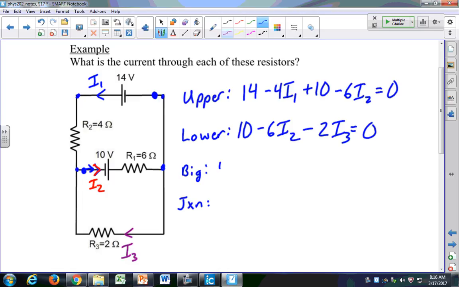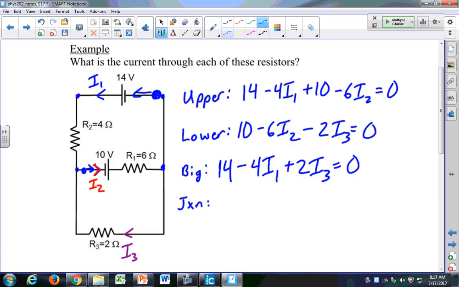When I'm in this part of the circuit, I use I2. And then I also watch my signs. Let's do the big loop. I'll start up here and go in this direction. I get 14 minus 4I1 plus 2I3, and that's all equal to 0.